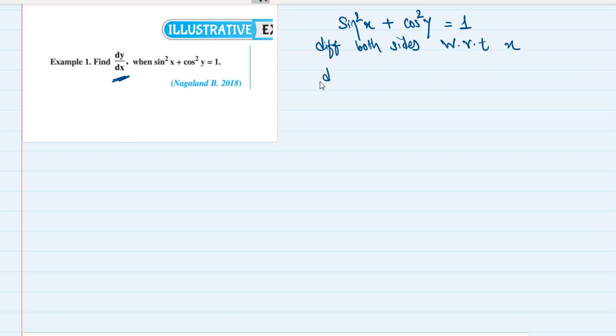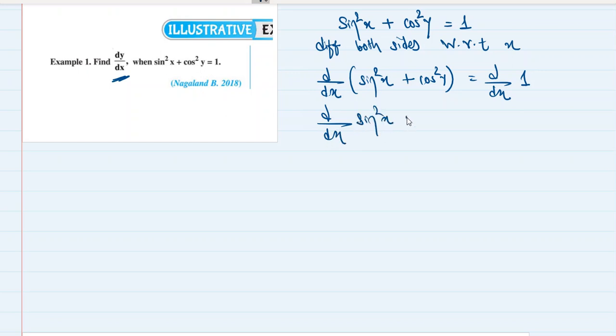So we get d by dx of sine square x plus cos square y is equal to d by dx of 1. Can I write it as d by dx of sine square x plus d by dx of cos square y? Yes, of course I can, which is equal to 0 because the derivative of a constant is always 0.